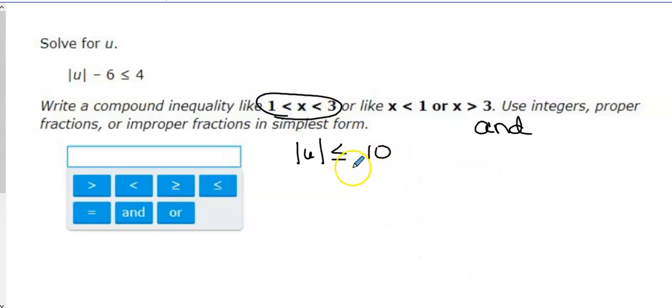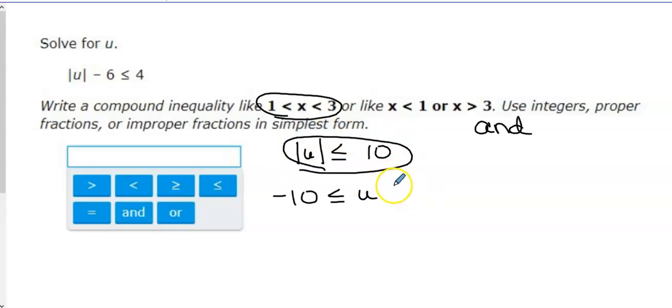Take this number, take the opposite of it, and put it on the left. So -10, and then do your less than or equal to, and then your u. And then everything else is going to look just like this, except without the absolute value bars. So instead of writing u is less than or equal to 10 and u is greater than or equal to -10, all we did was turn this thing around.